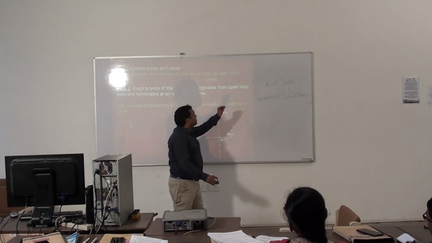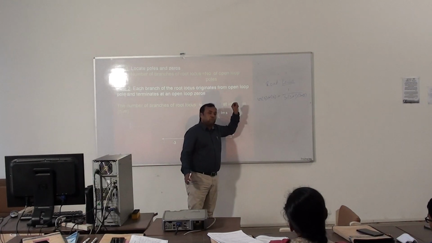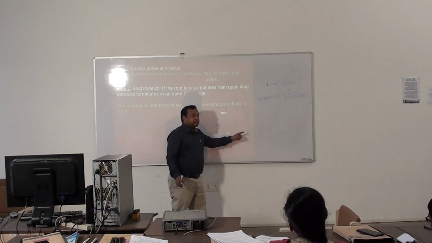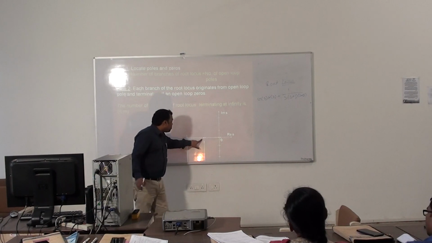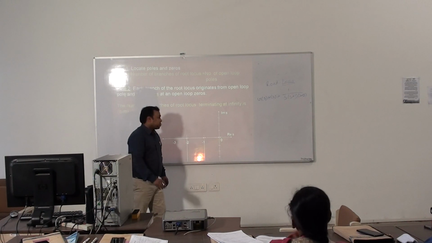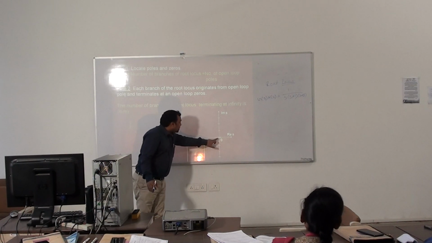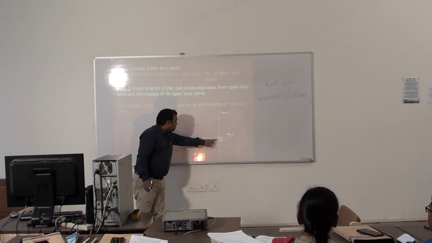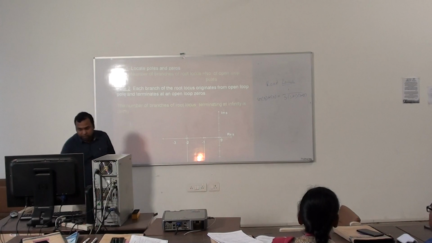Since there are no open loop zeros and there are 3 open loop poles, 3 branches of the root locus will be there, and they will originate from the given 3 open loop poles, from here, here and here.